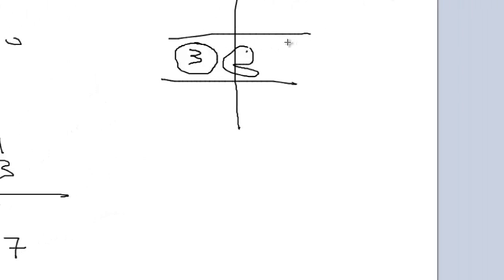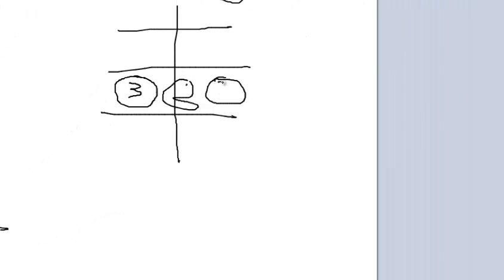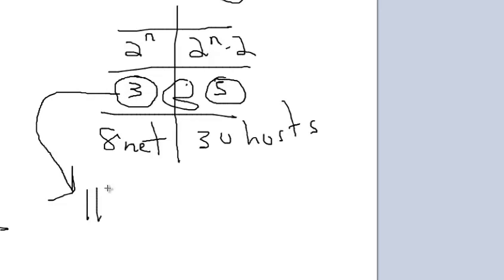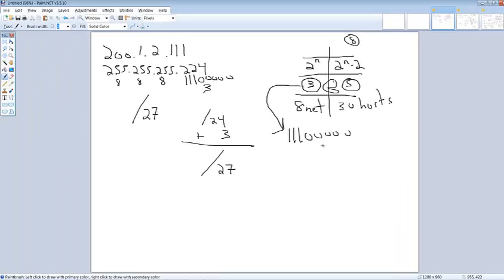If that's the case, then that has to be a 5. And that is 2 raised to the 3rd, which is 8 networks. 2 raised to the 5th is 32, minus 2 is 30 hosts. We know what the delimiter is going to be because we stole 3 bits, and that rightmost bit, the bit furthest to the right, is 32.